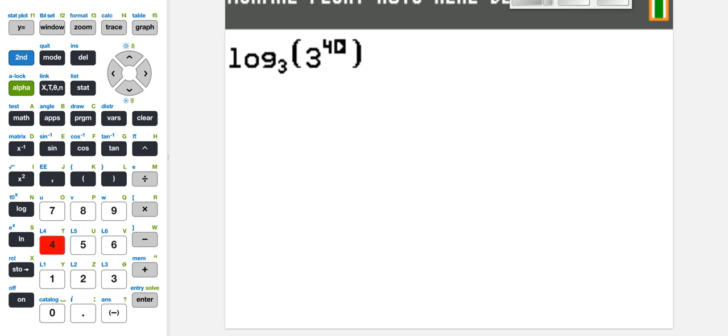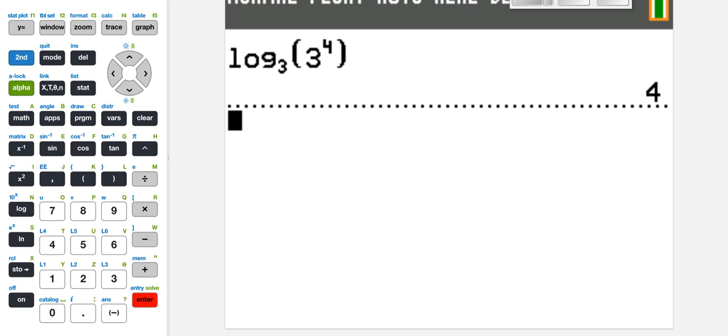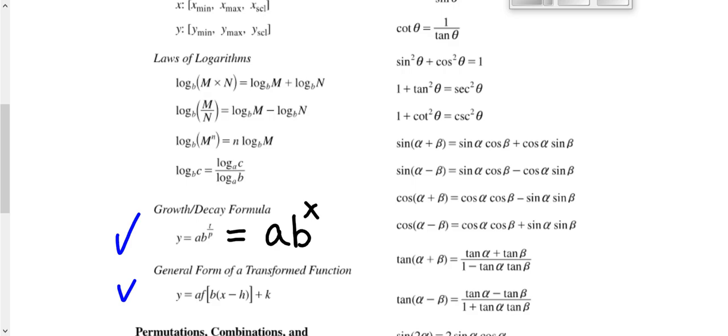That should give us 4. And bingo, that's 4. On a second thought, maybe I should teach you how to do that for those of you whose graphing calculator doesn't do this either. If it is Casio, I think Casio can do that, but I don't know how, sorry. Right? Or with a lower TI model, older version, it's not a big deal. So I'm going to check off this one here.